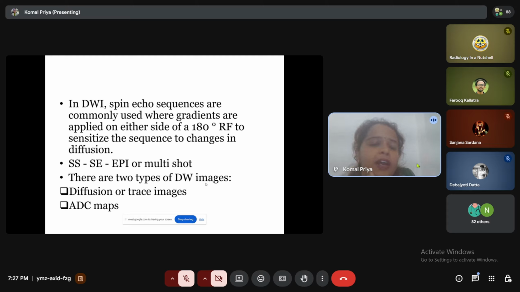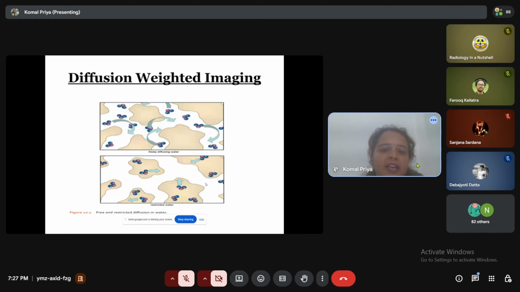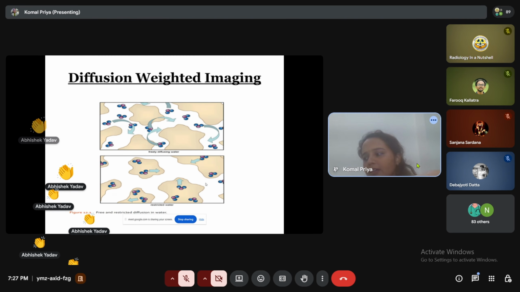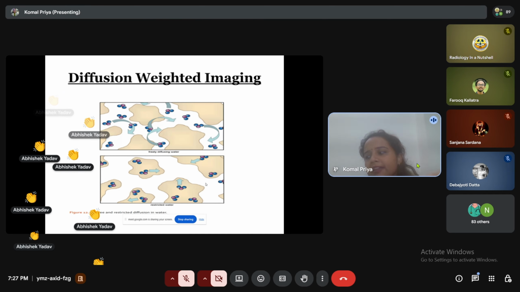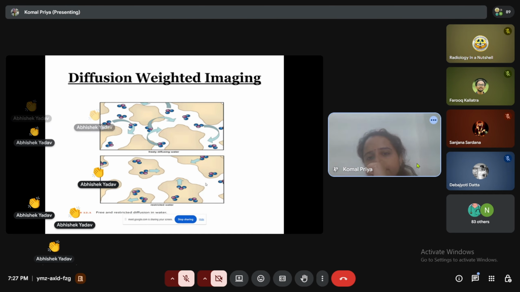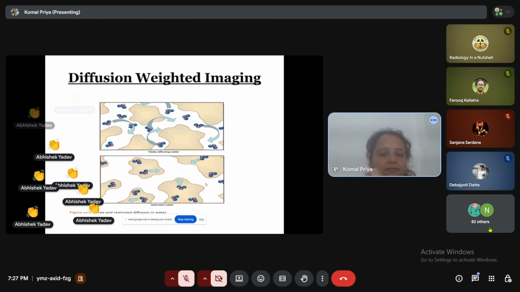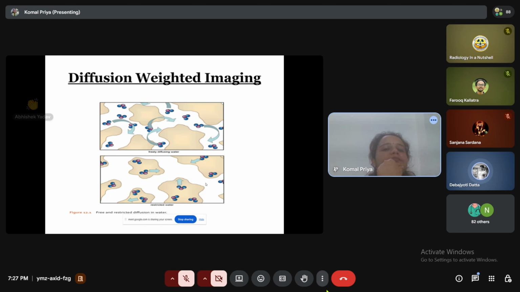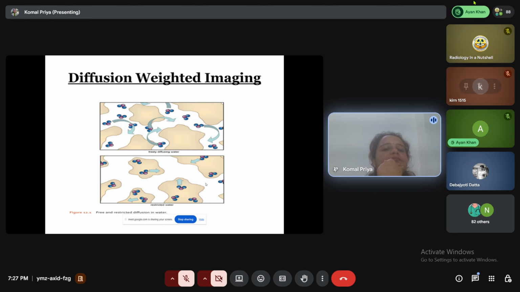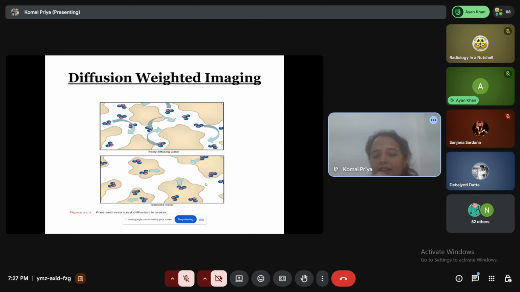At first we saw what diffusion is in the image. In the areas of freely diffused molecules, was the ADC low or high? ADC is high. Yes, the ADC is high. And in the areas of restricted diffusion, the ADC is low.